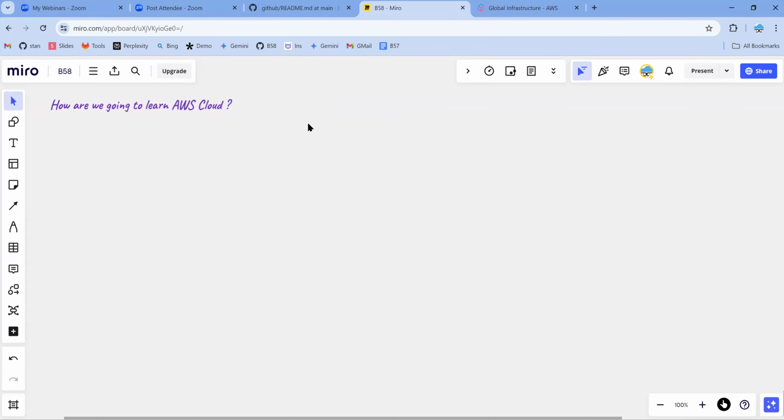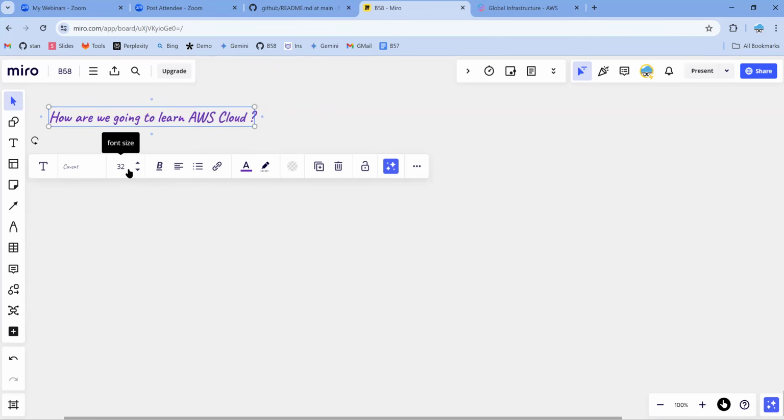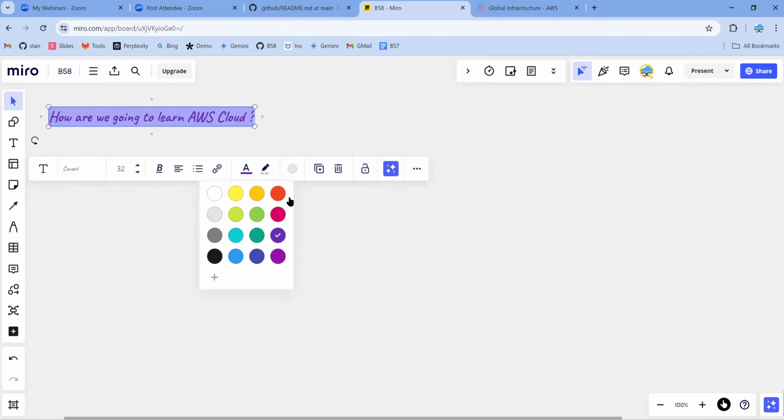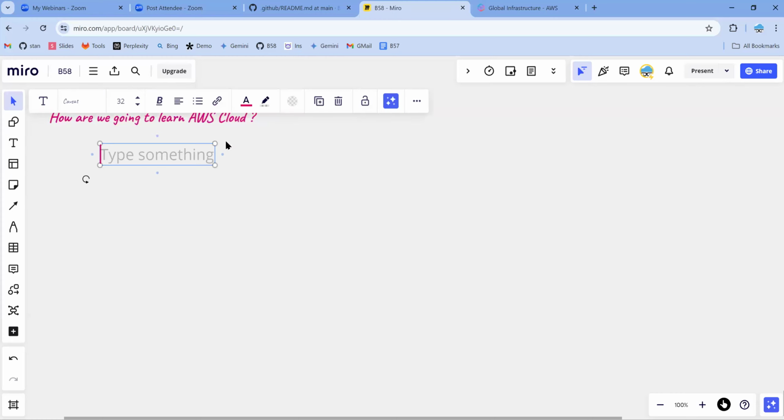How are we going to learn AWS Cloud? This is very important. AWS offers a free tier account. We are going to leverage that. We are going to use it.